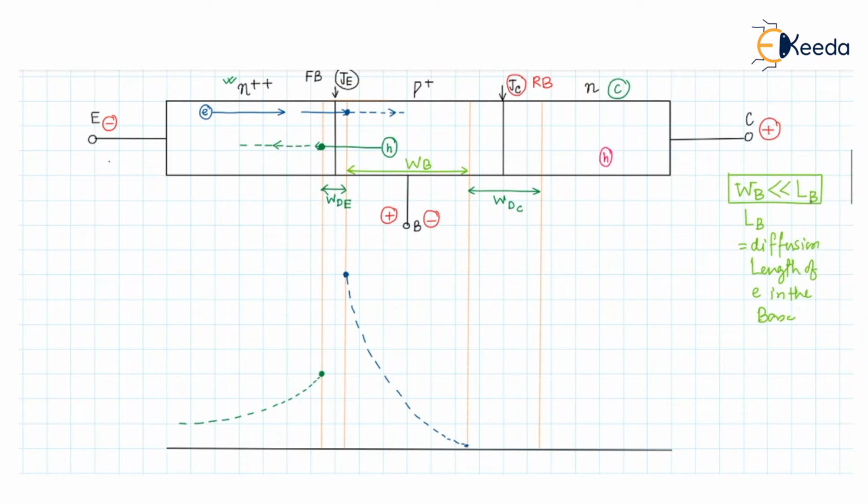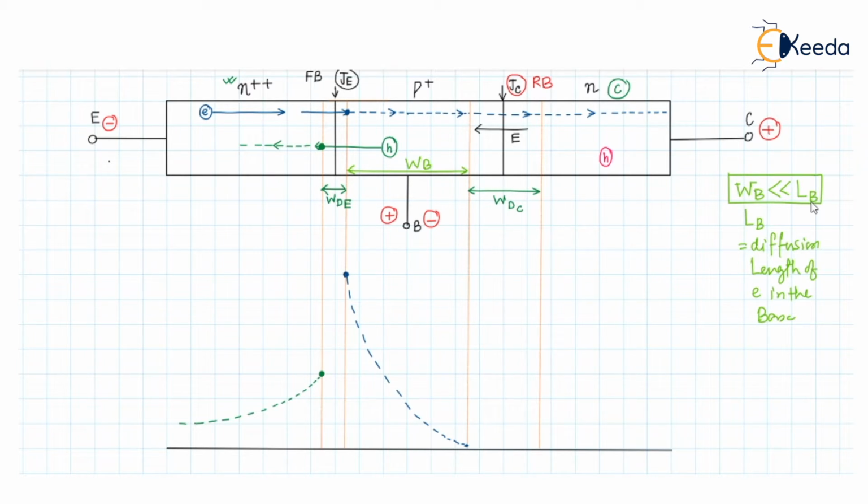We also know that since the JC junction is reverse biased, the electric field within the junction will be directed from N to P. So the electrons which have come from the emitter to the base and are diffusing throughout the length of the base, when they come inside the depletion region of JC, see a favorable electric field, so they will cross the junction and come into the collector region, because the JC junction is reverse biased.